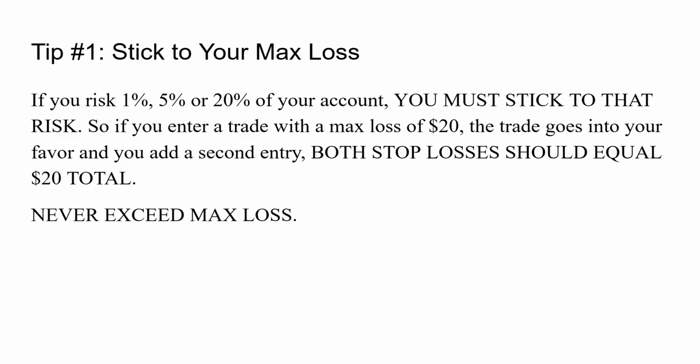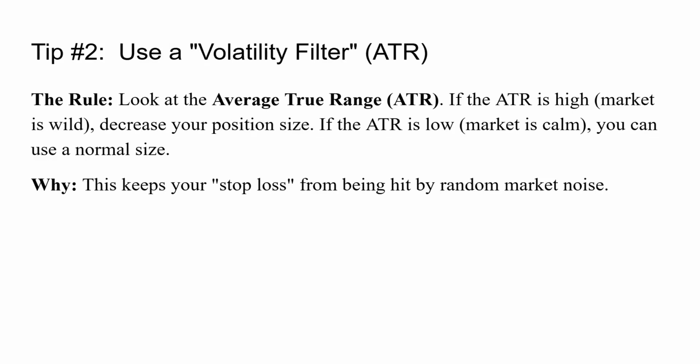And I'll show you an example of this on the chart. But you should never exceed your max loss. Ever. So if you're risking 20 bucks, your trade goes into profit and you throw another position on, that doesn't mean you increase your risk to 40 bucks. Don't double it. Keep it the same to protect your downside because you can always lose.